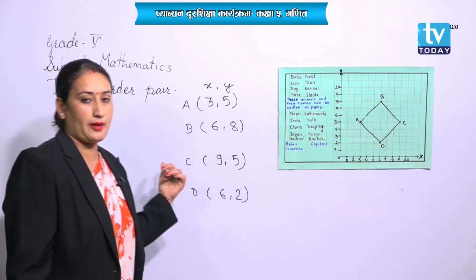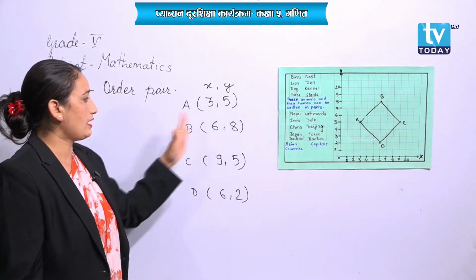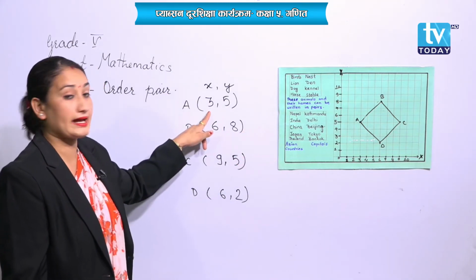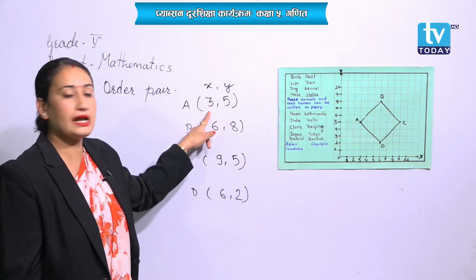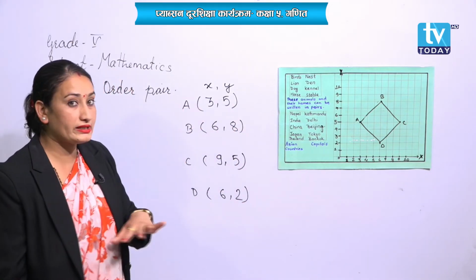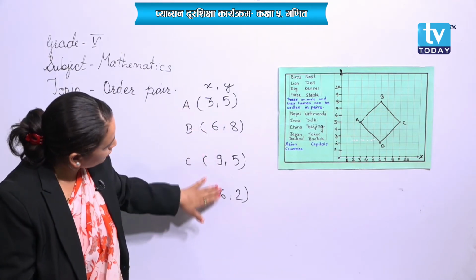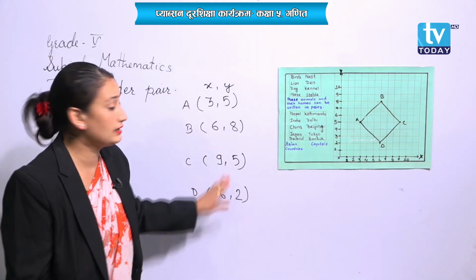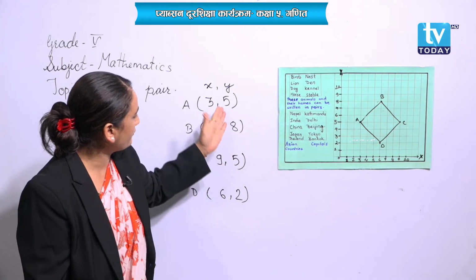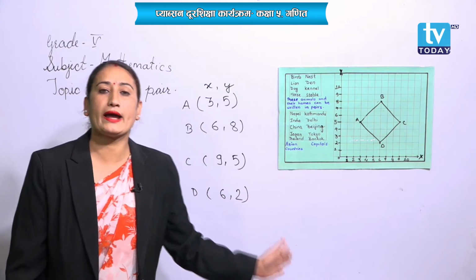So, the number of rooms counted along the x-axis is called the x coordinate, right? Along the y-axis is called the y coordinate. So, have a look. X coordinate means 3, 6, 9, 6. It comes at the front. That is the x coordinate. And which is coming at the back side? 5, 8, 5, 2. That is the y coordinate.